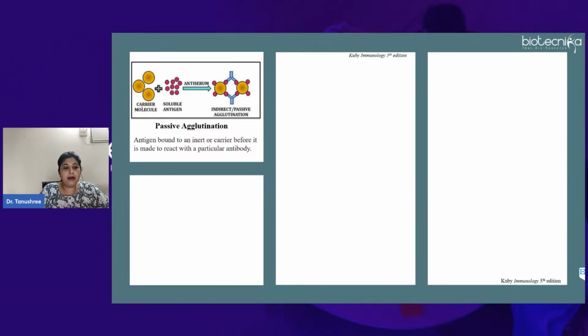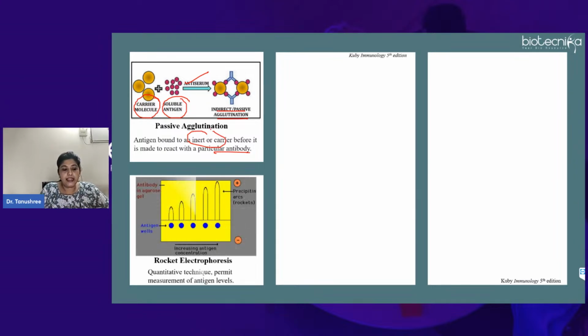So an antigen bound to an inert carrier before it is made to react with a particular antibody. Here you can see this is a carrier molecule and this is the soluble antigen, right? And then finally when you add the antibodies, it results in the formation of clumping. So it's a passive agglutination. Here the inert carrier can be a latex bead.